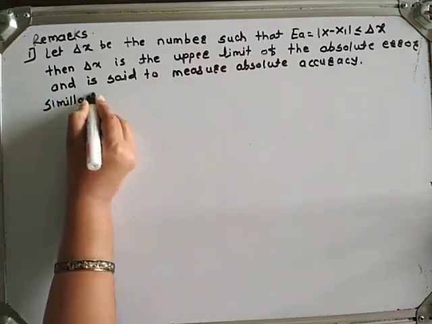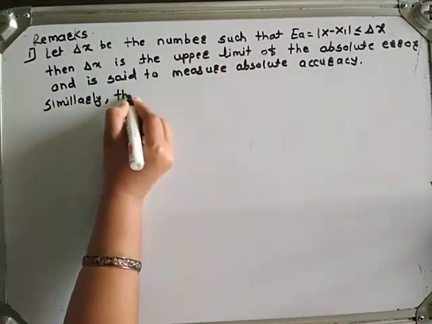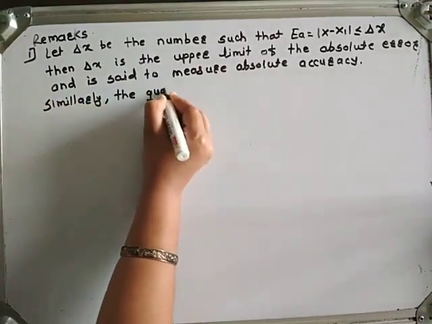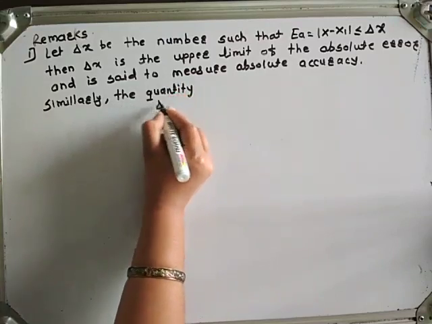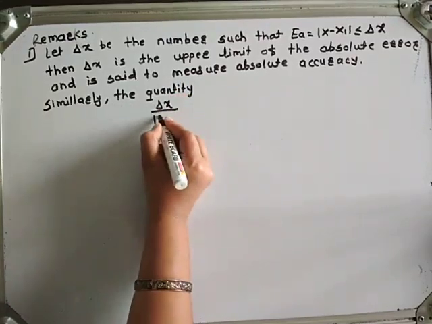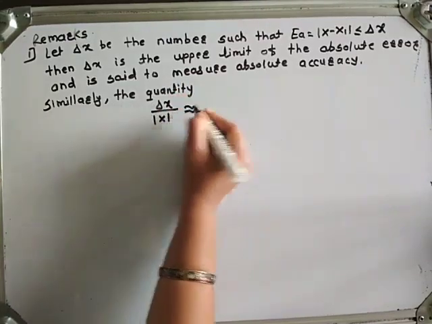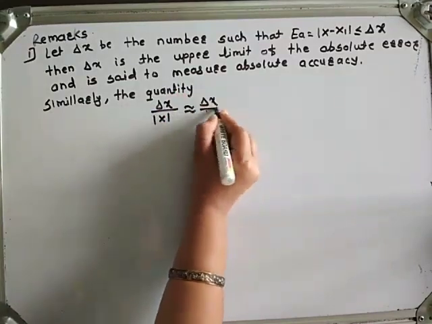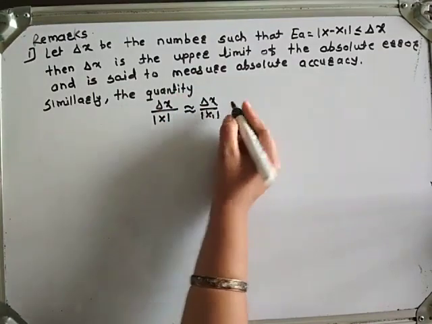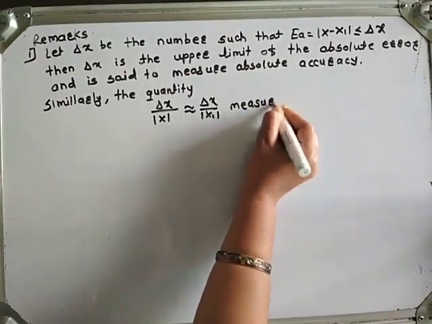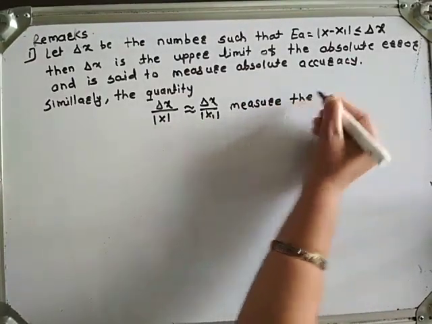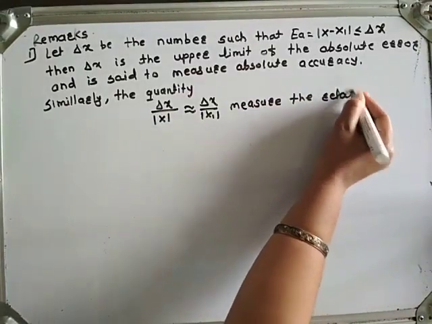Similarly, the quantity delta x upon mod x, which is similar to delta x upon mod x1, measures the relative accuracy.